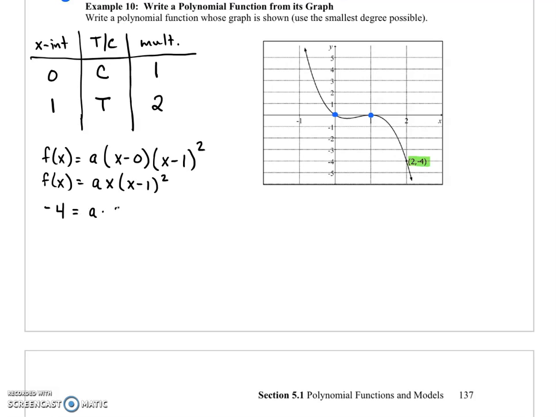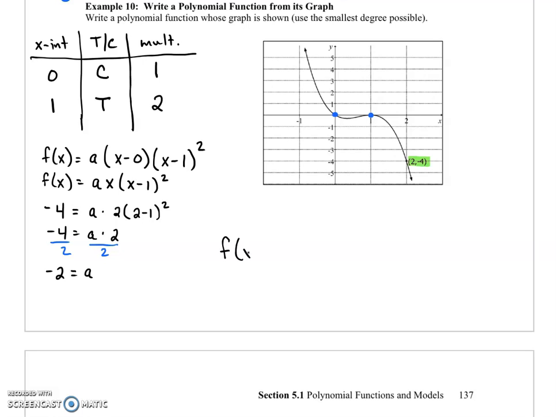So we have a times 2 times the quantity 2 minus 1 squared. So proceeding to solve for a, we have 2 times 1 squared is just 2. So if we divide both sides by 2, we end up with a is -2.